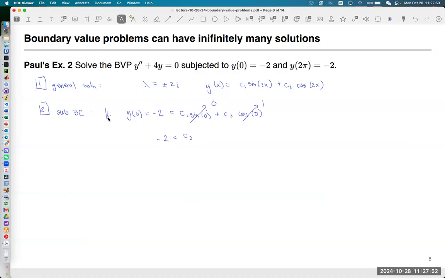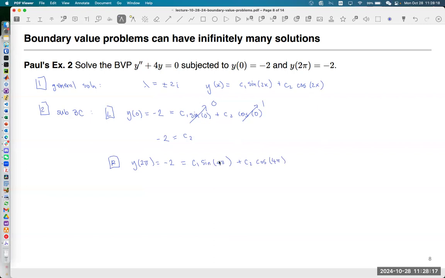So this is left. And for the right one, we have y of 2 pi is equal to -2. So I substitute all the x's here as 2 pi. So we have c1 sine of 4 pi plus c2 cosine of 4 pi.